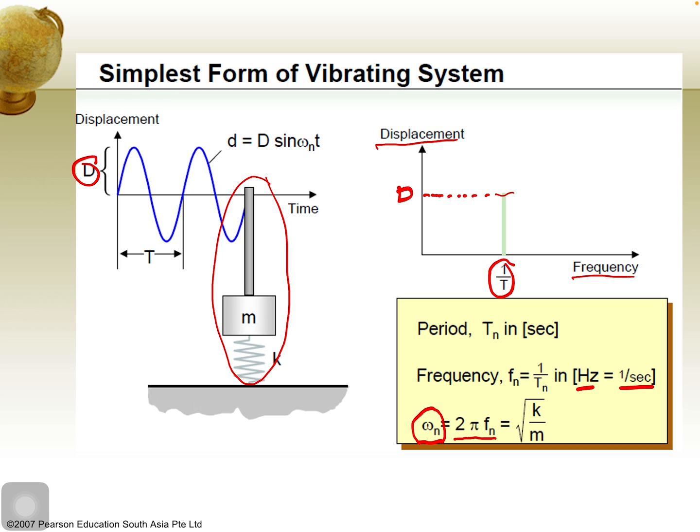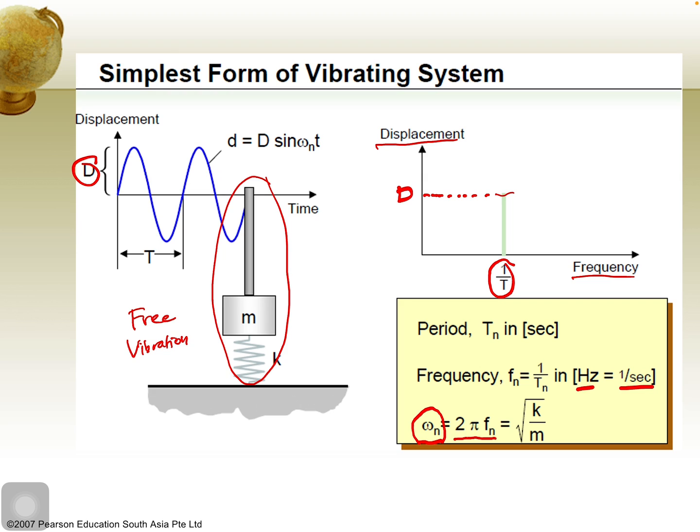So Fn is the frequency when there is free vibration, because there is no external force. When there is free vibration and we measure the frequency, that's the frequency for the free vibration.